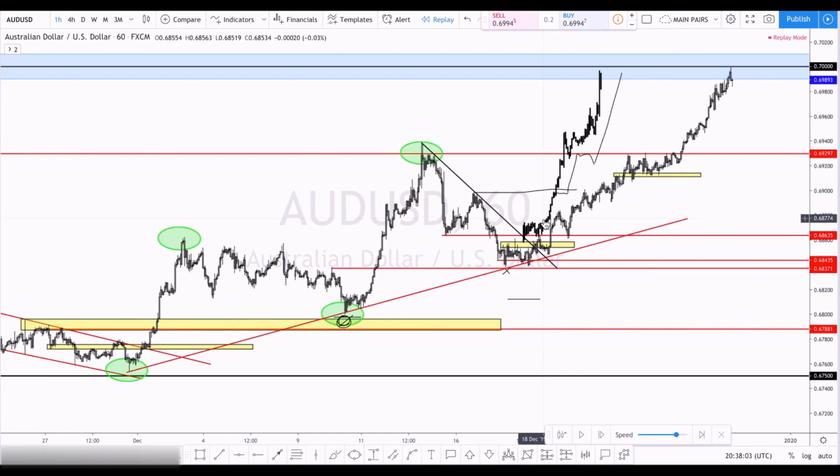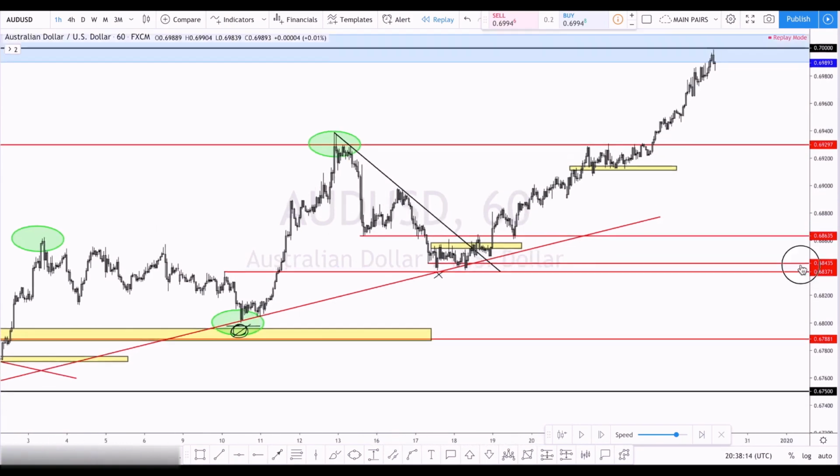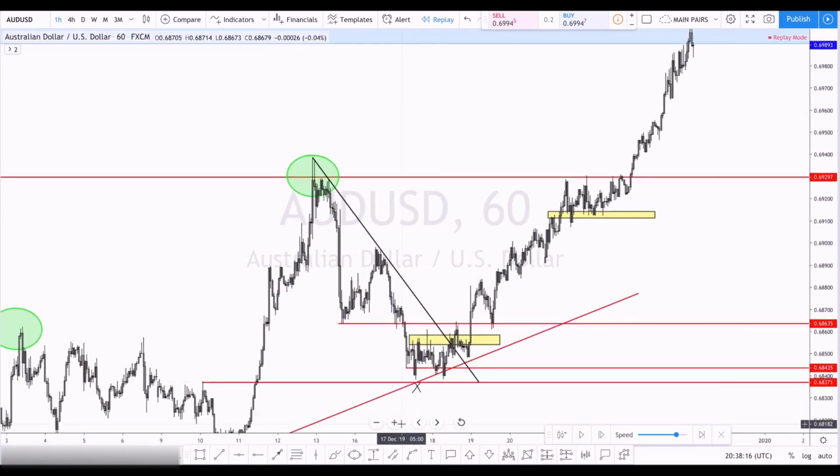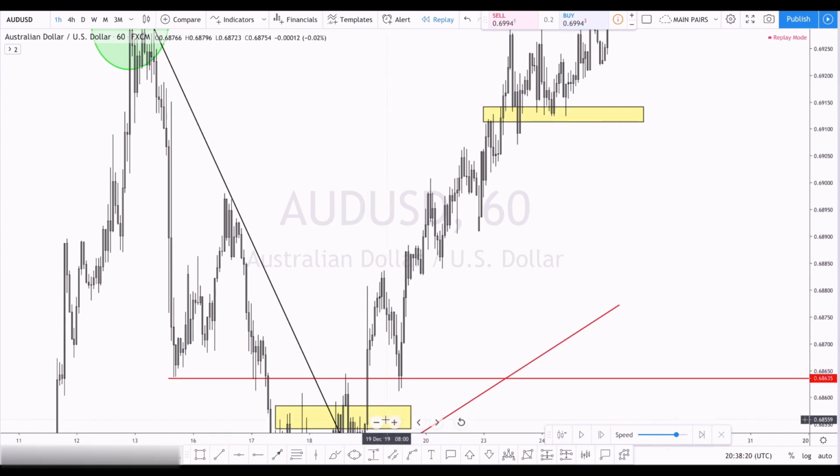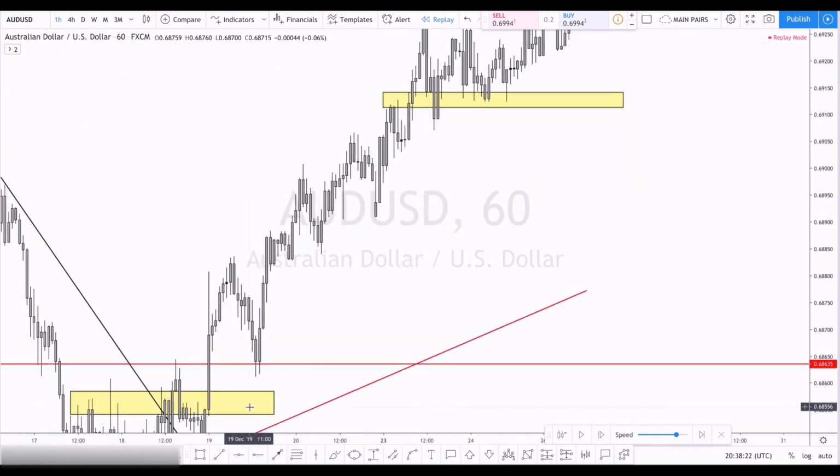So obviously the higher the time frame that you're in, the bigger the stop loss you will have to be, because there's different levels of invalidation depending on what time frame you're looking at and depending on what setup it is. But with Aussie dollar, you saw on numerous occasions the level of invalidation was changing.